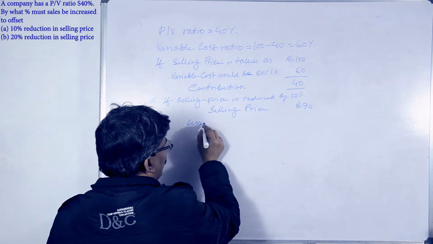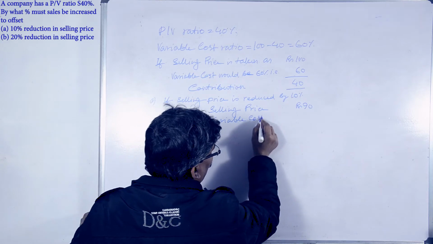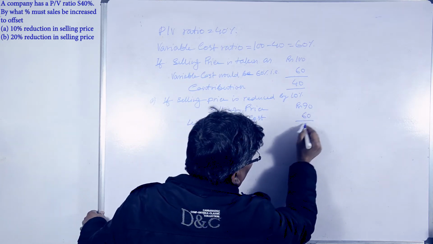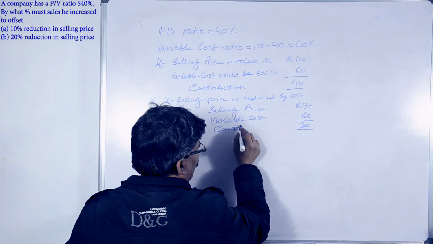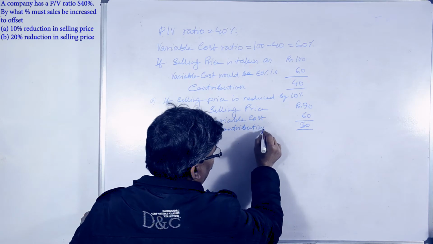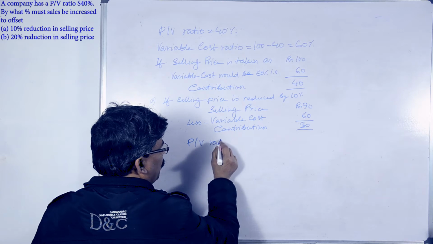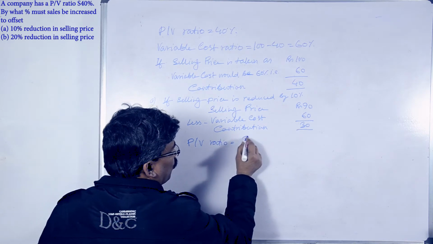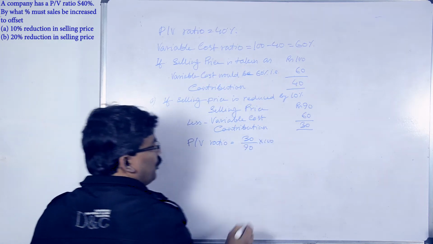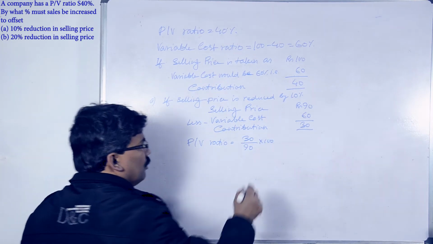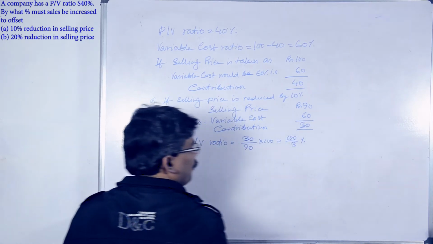But we know that per unit variable cost is not changed, that is why variable cost will be taken as 60, contribution becomes 30 rupees. If contribution is 30, then PV ratio equals contribution by sales into 100, means 30 by 90 into 100 equals 100 by 3%.